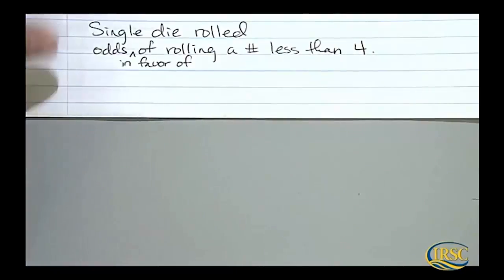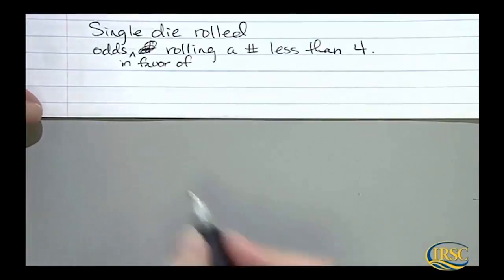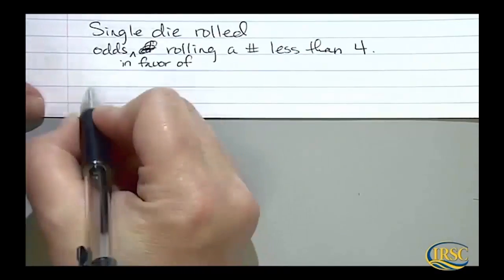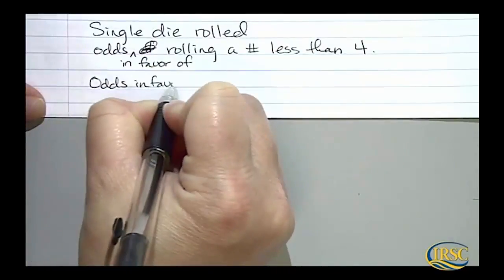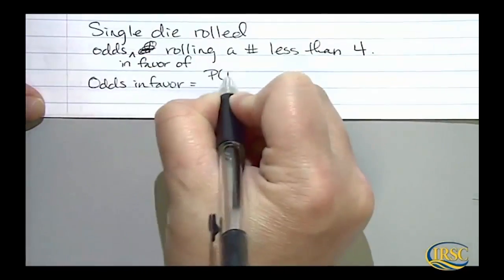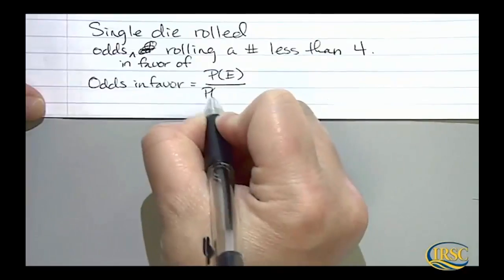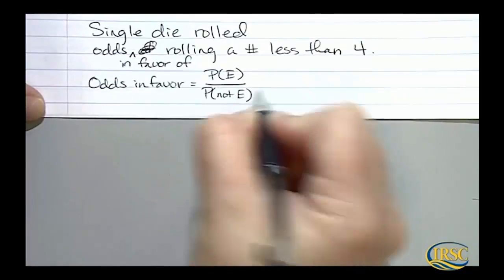So, odds in favor of rolling a number less than 4. First of all, odds in favor is the probability of E over the probability of not E. That's your formula.